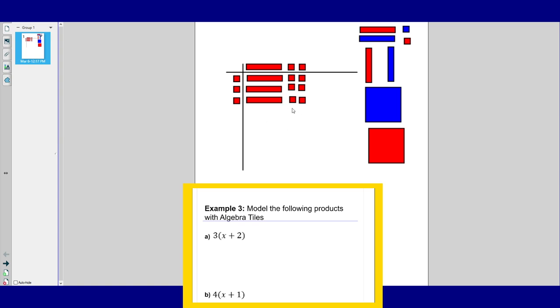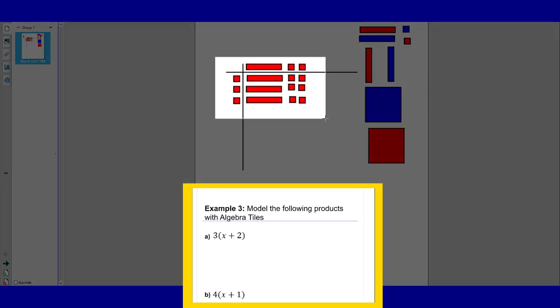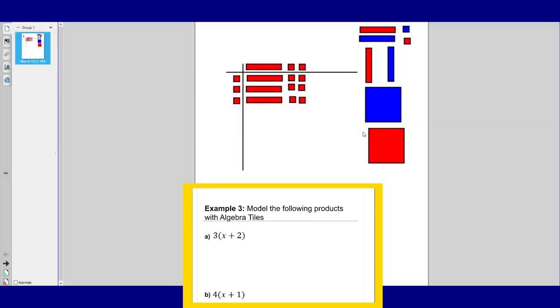So this is a way that we can use algebra tiles to help us come up with solutions to these expansion type questions. I'm just going to screenshot this answer and put this up here.